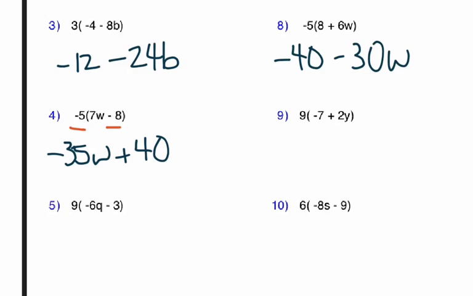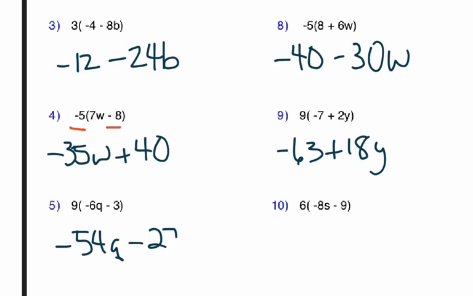Number 9 is going to be negative 63 plus 18y. Number 5 is going to give you a negative 54q minus 27. And the final one is negative 48s minus 73.